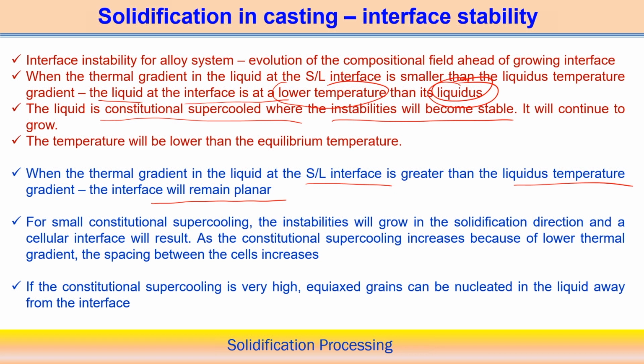Here the constitutional supercooling plays the role, and depending upon its degree, different structures will form. The instability grows in the solidification direction, and as a result a cellular interface forms.